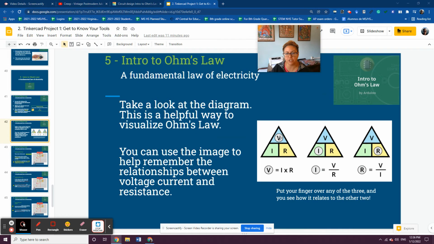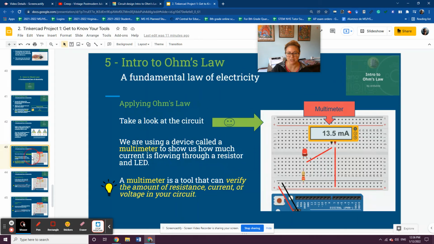If you want to find voltage, cover up the V, and then you need your current times your resistance. If you want to know your current, you divide your voltage by your resistance. And if you want to know the resistance, you divide voltage by current. So just remember this. You absolutely have to remember it. We are going to use that a lot. Don't forget it. Maybe we'll have to print it out.